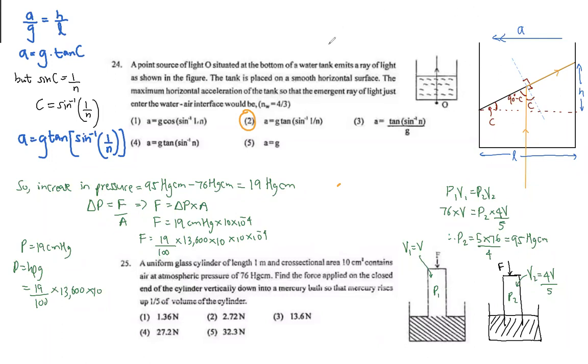Force is equal to 19 into 136. When you multiply 136 by 19, what do we get? 4, 5 balance, 2, 3 balance, 12, 6, 3, 1. 8, 5, 3. I'm getting something like this. Sorry, 2.